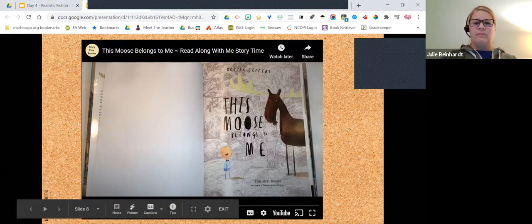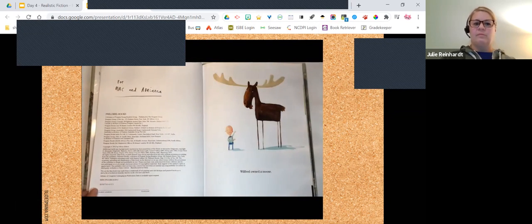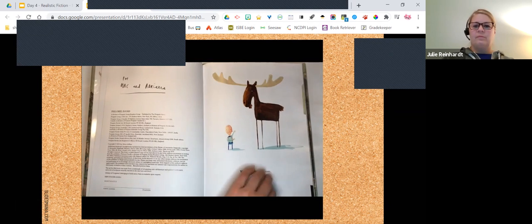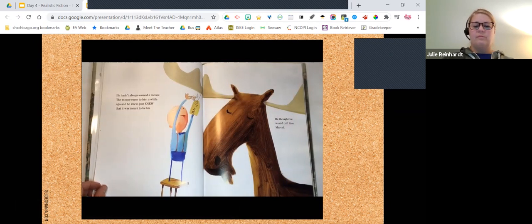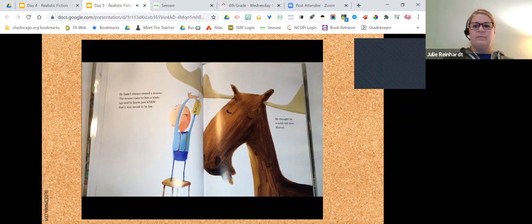This moose belongs to me. Wilfred owned a moose. He hadn't always owned a moose. The moose came to him a while ago, and he knew, just knew, that it was meant to be his. He thought he would call him Marcel.